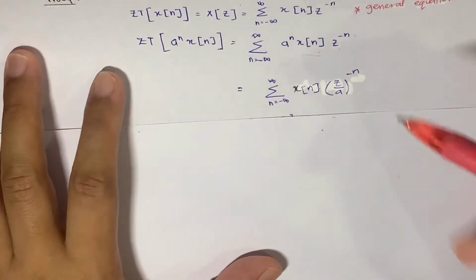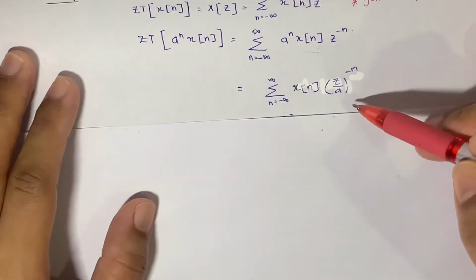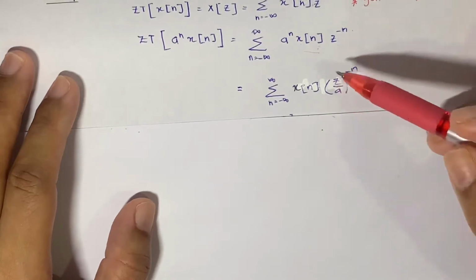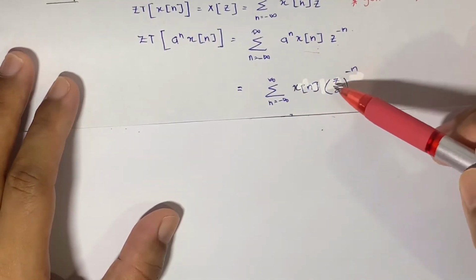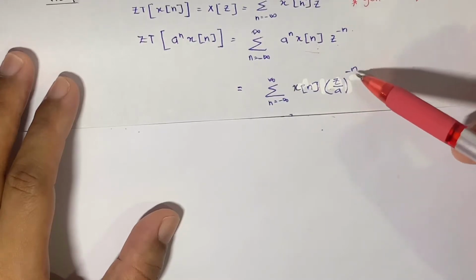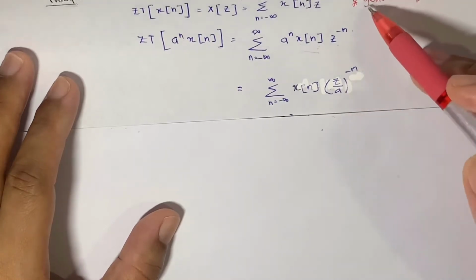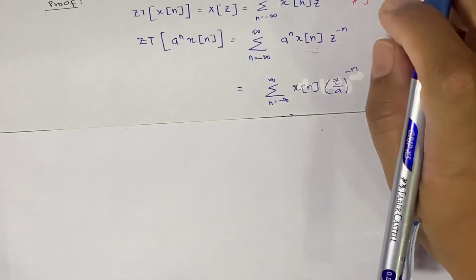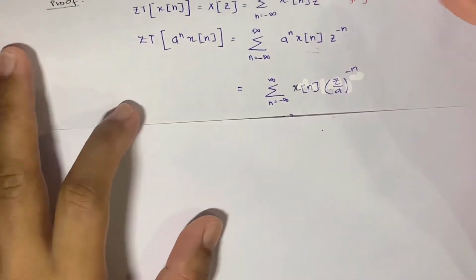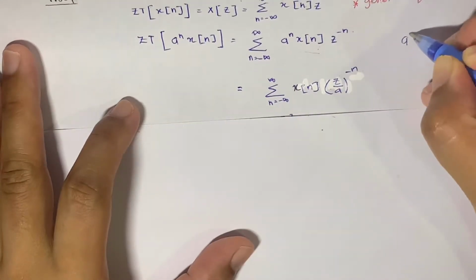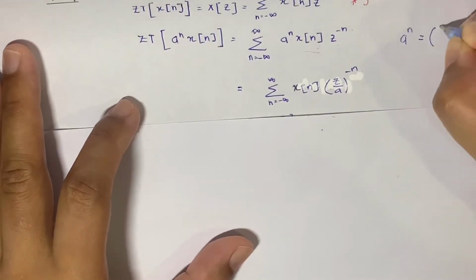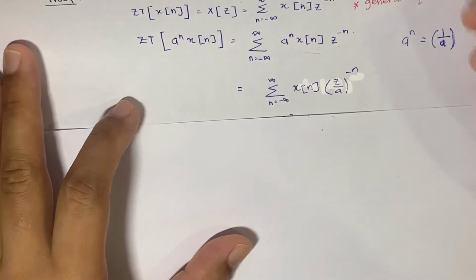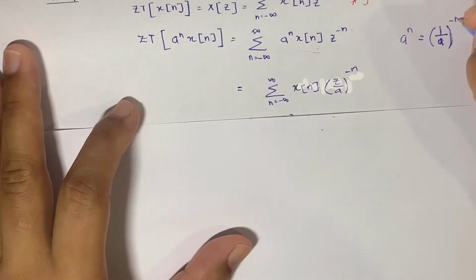And then rearrange it. Okay, x[n], you will get z over a to the power of negative n. Okay, in the previous property I already explained to you, a to the power of n, we can change it to 1 over a to the power of negative n.